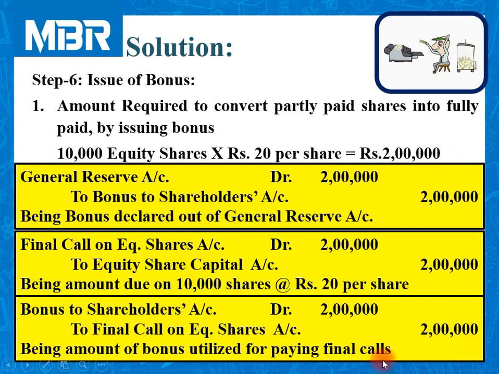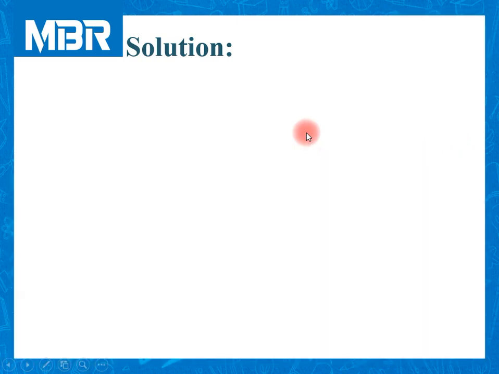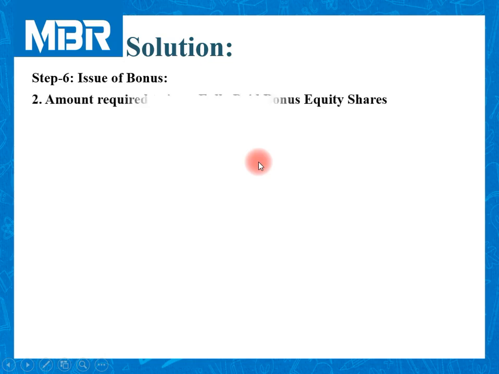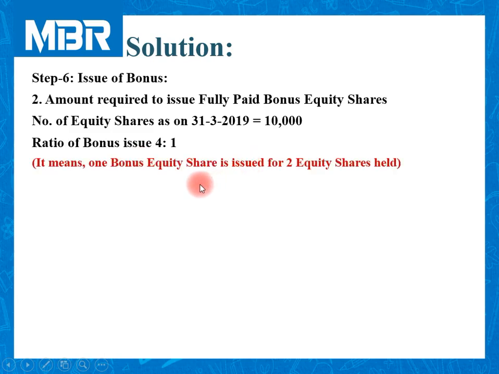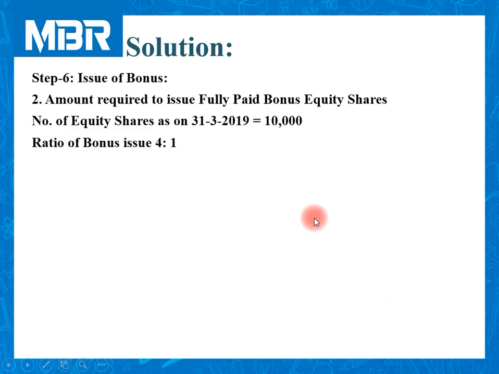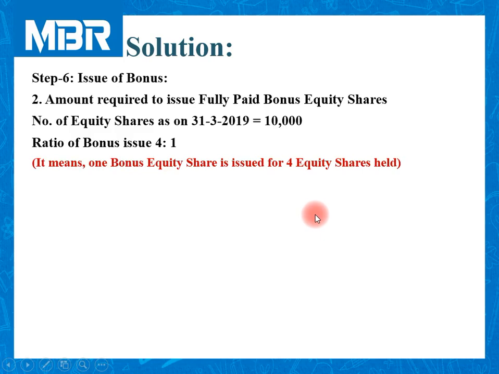Now we can move towards the next step, that is second part of our bonus issue. It is a routine. In this step, the company has decided to issue bonus shares in the ratio of 4:1, means one bonus equity share is issued against 4 equity shares held.